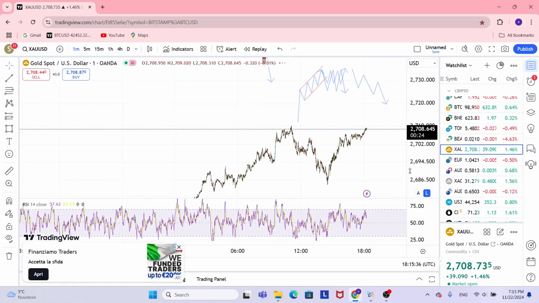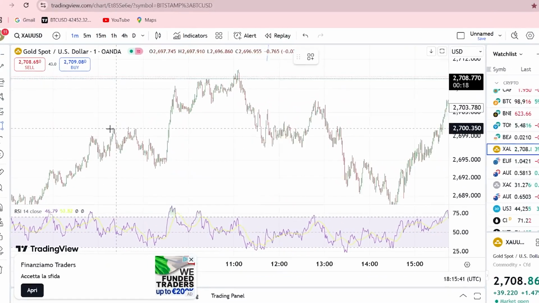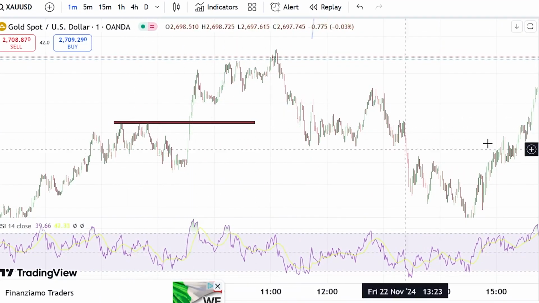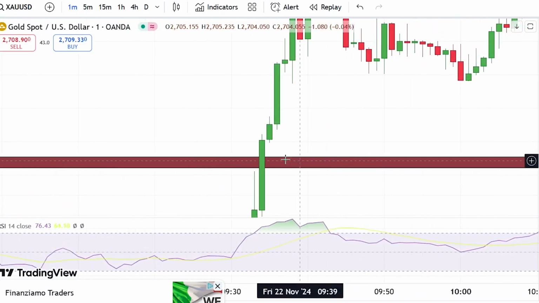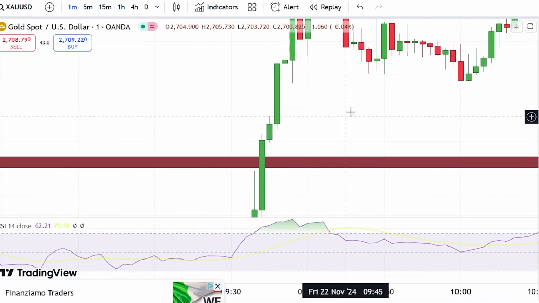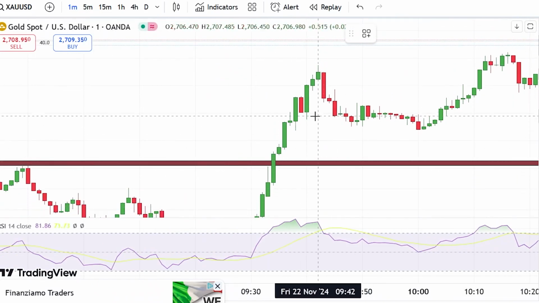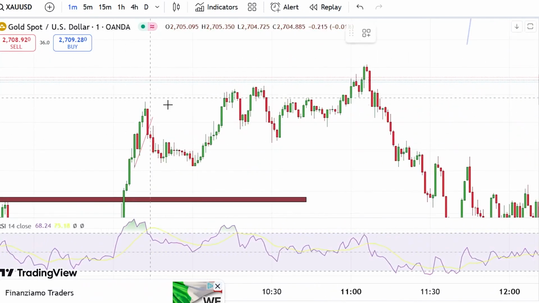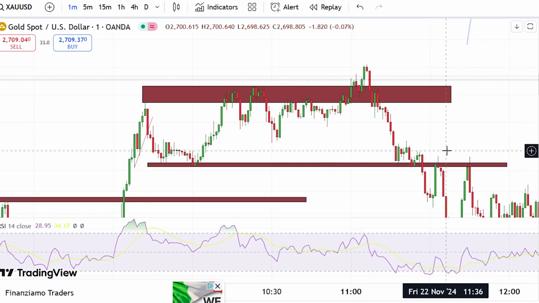Let's see some breakouts in the chart. Here, for example, there is a resistance zone, and you see with strong candles, this strong candle, we see a breakout, and then this spike, strong candles, and channel, and then trading range, here and here.